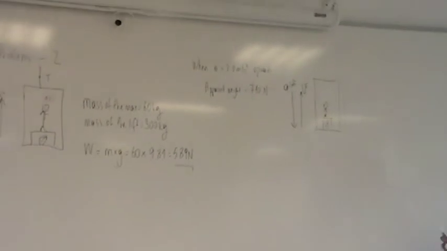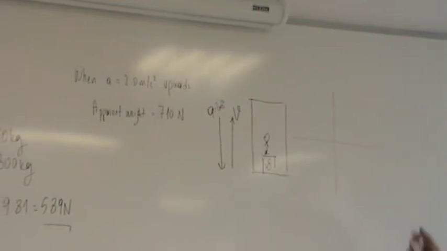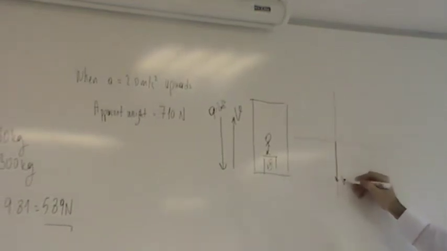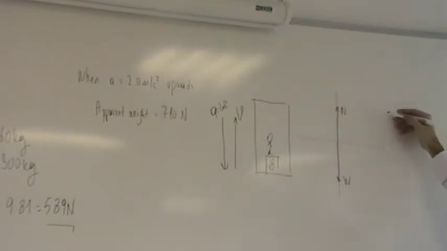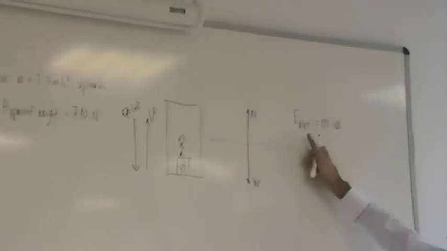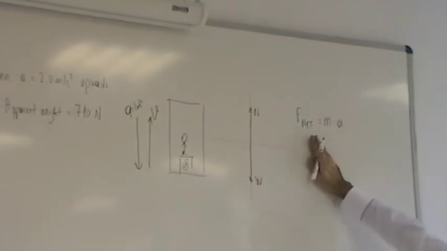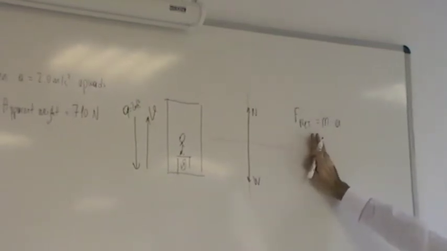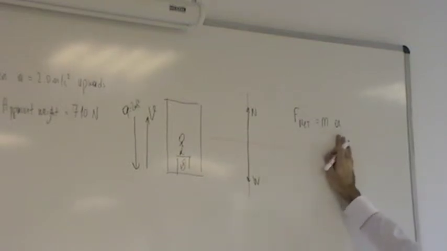I will put the free body diagram acting on the man. Weight of the man is acting downwards. Normal force is acting upwards. So in this case, it's important to identify the direction of net force and acceleration. According to Newton's law, net force is equal to mass times acceleration, and both the net force and acceleration are vector quantities.